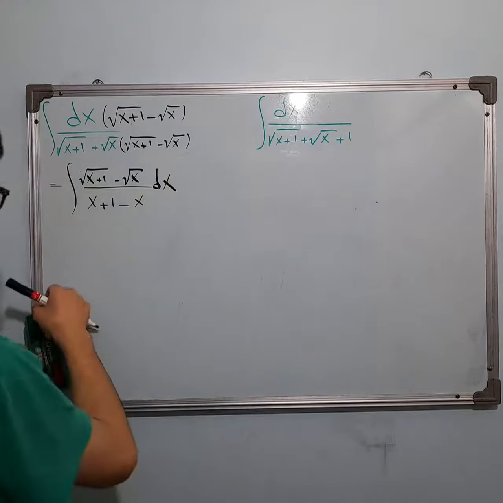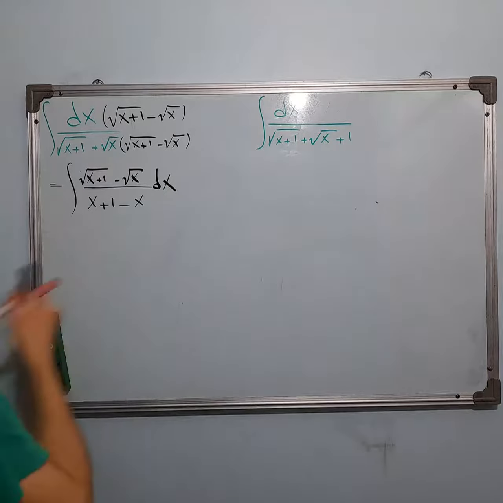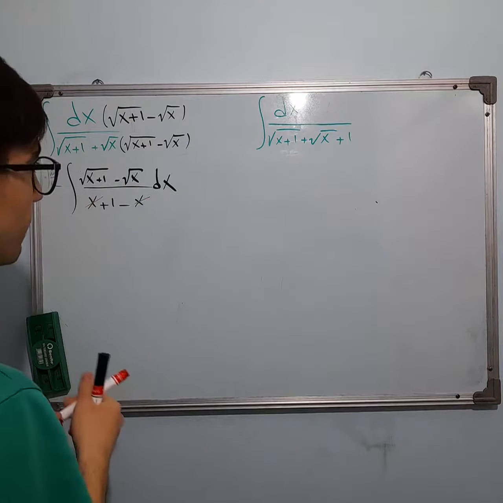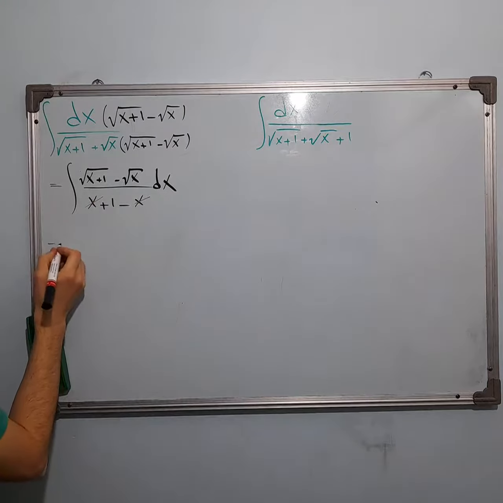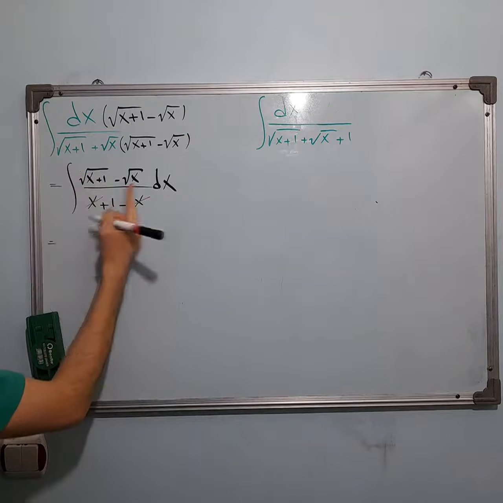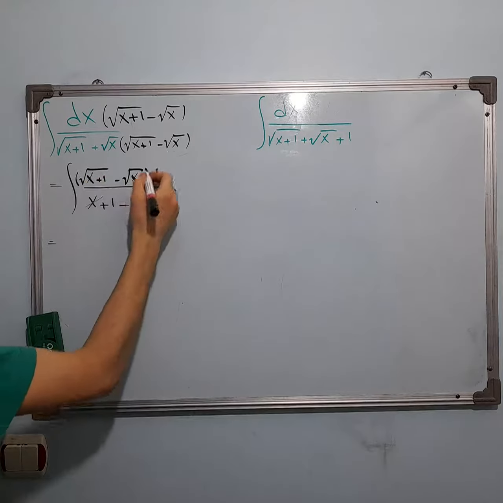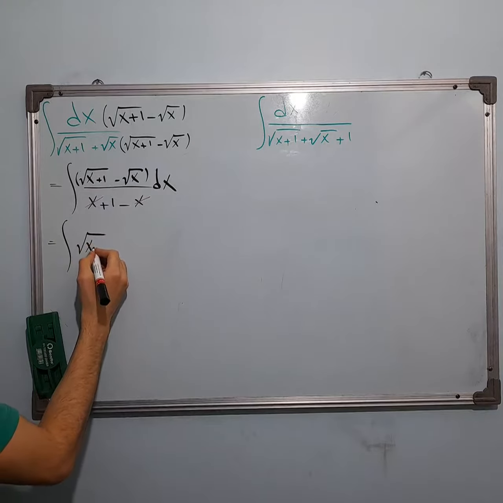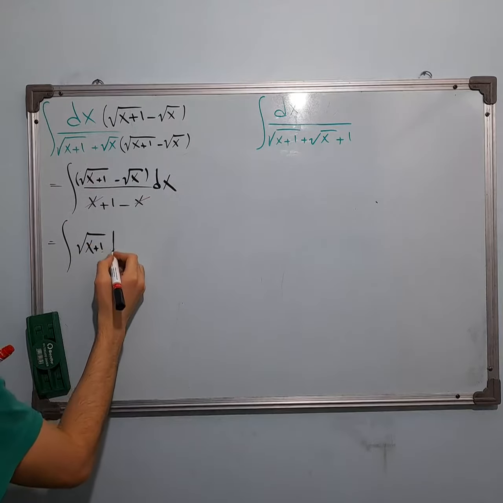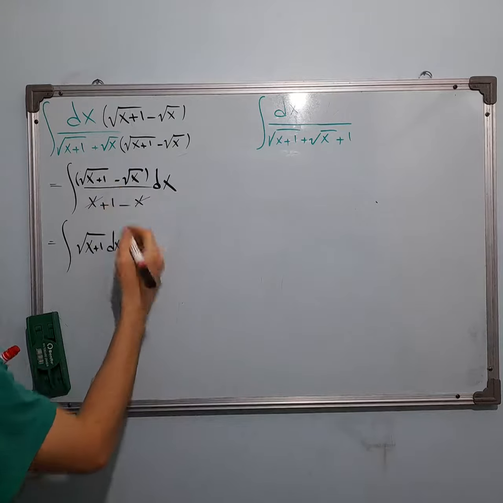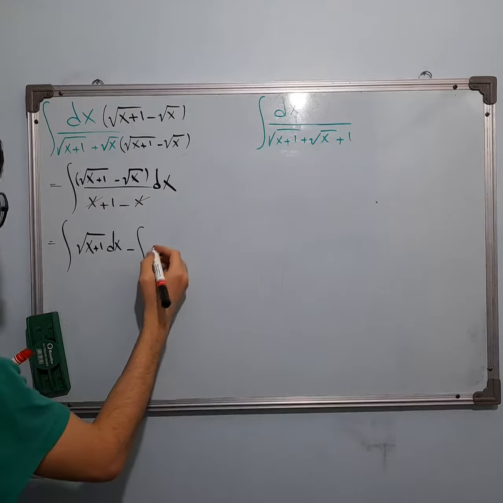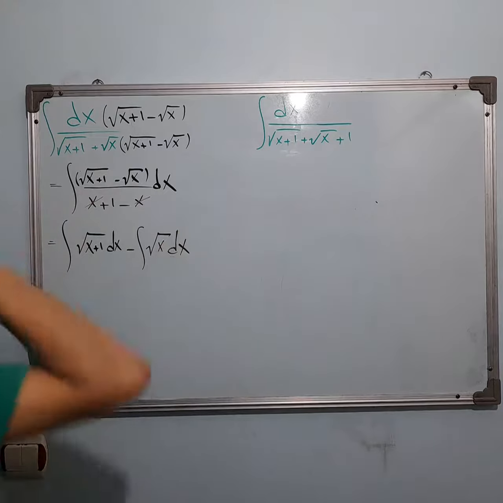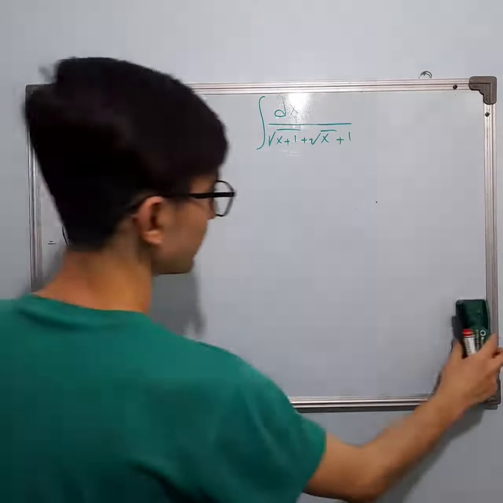In the denominator, x minus x cancel each other out and there's only 1 left. So we have to find the integral of this minus this. I write it like this: integral of square root of x plus 1 dx minus integral of square root of x dx. So easy.